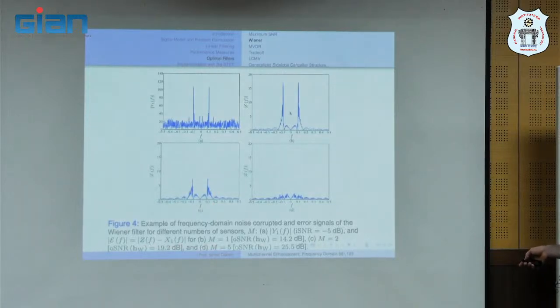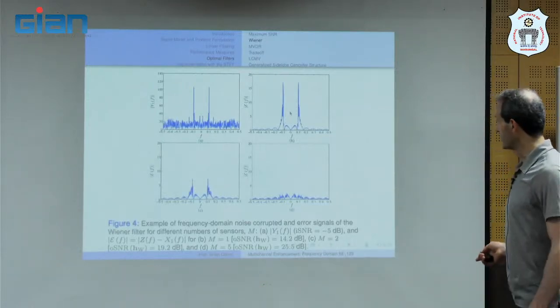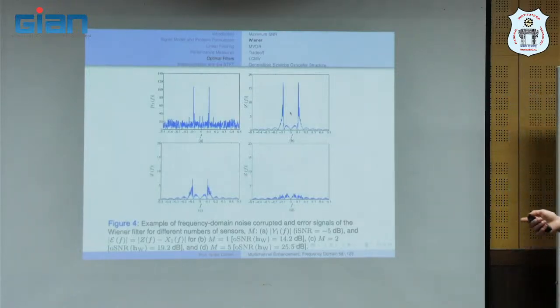If we increase the number of sensors to 5, then the output SNR increases to 25.5 dB in this example, for this realization. If you try this, maybe you get a slightly different result because the noise will be different. The noise is random.